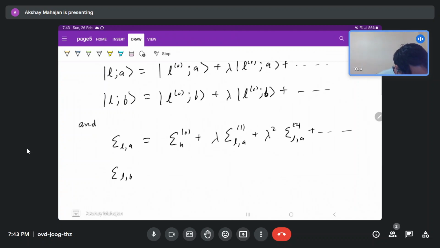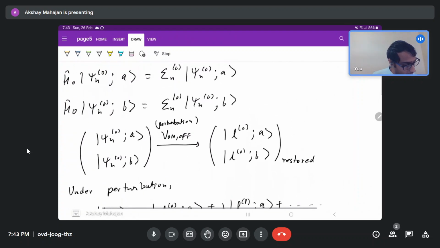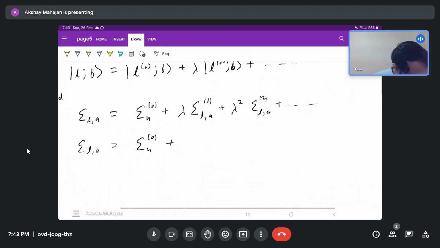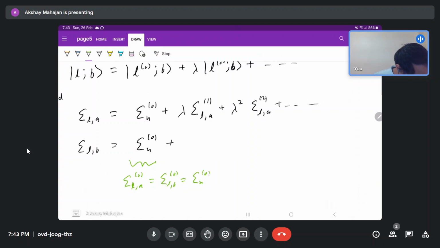Similarly, E_{L,B}, for the 0th order, will also be E_n of 0 only, because E_{L,A}^0 equals E_{L,B}^0 equals E_n^0, since these are degenerate states in the 0th order.